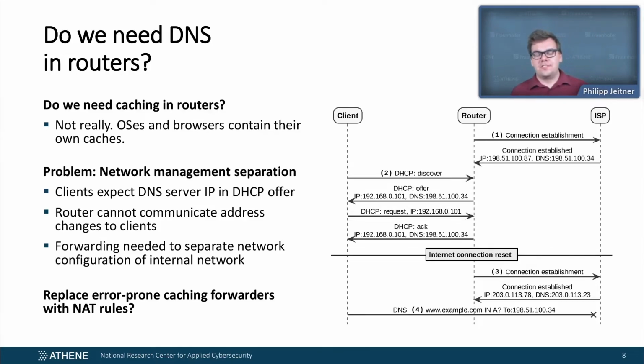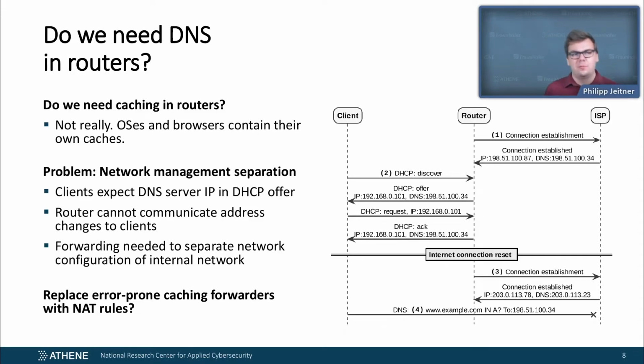A router cache only helps if one client visits a website and then another client on the same network visits the same website a short time later, which is a really small performance improvement. Otherwise all the other caches do the work anyway, so you don't really need the cache in the router.